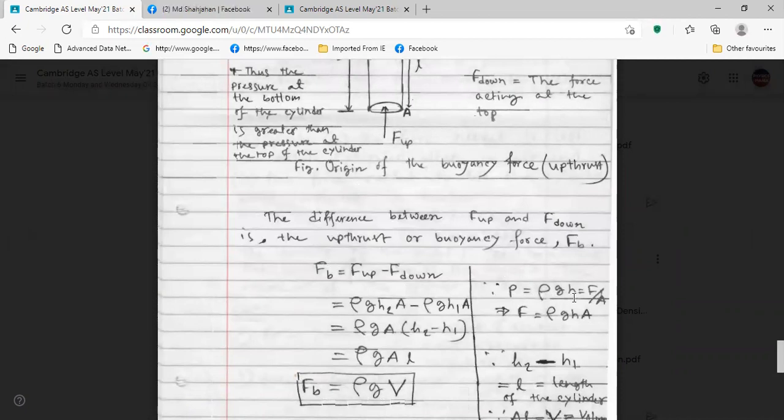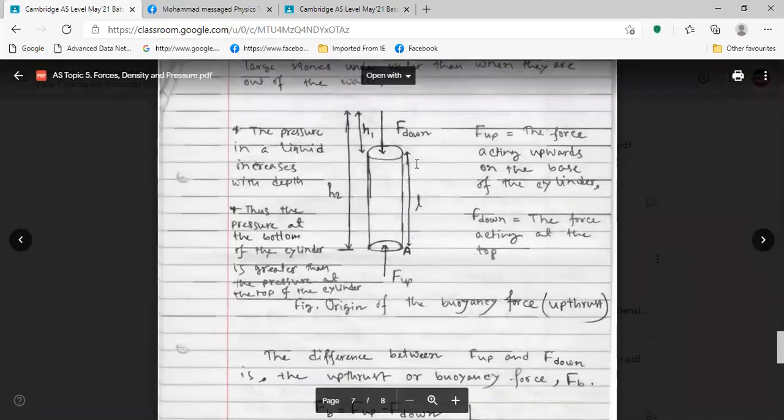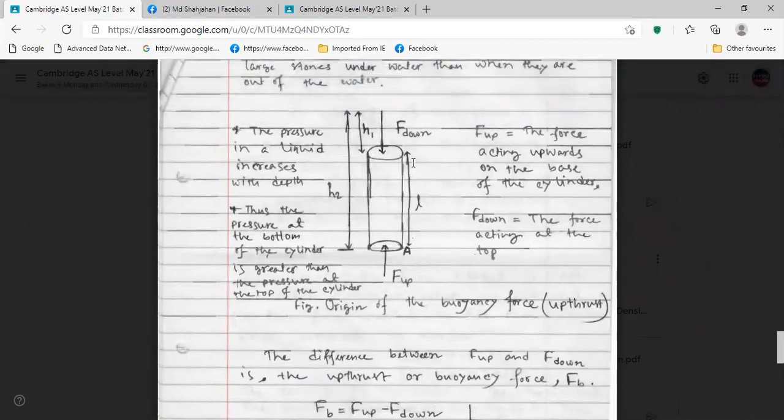Just now we got the relationship, and we can also write F by A. So pressure can be written in two ways: one is rho g h, another one is F by A. So F can be written as rho g h A. Then we have this one, subtracted rho g h1 A. We can take common rho g A, then h2 minus h1. h2 minus h1 is the length or the height of the liquid column.